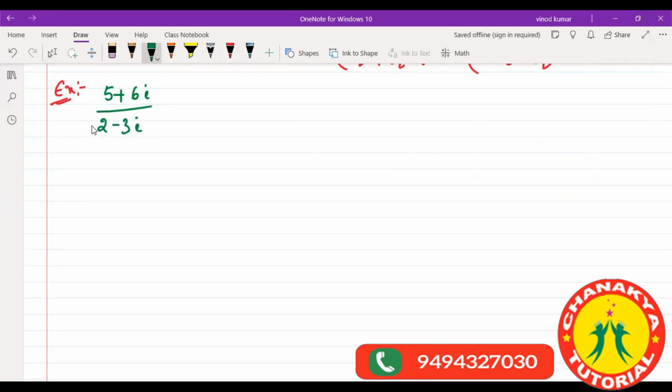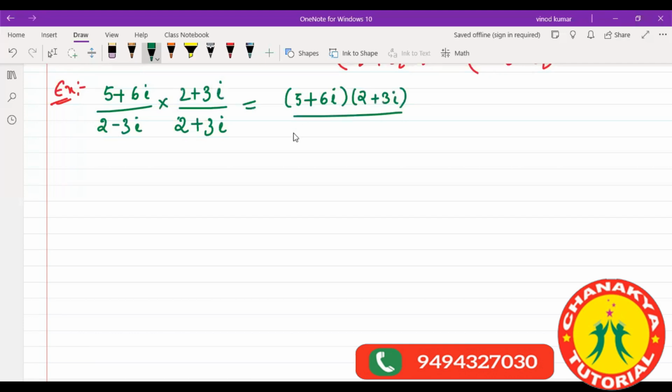How are we calculating this? The conjugate of the denominator 2 minus 3i is 2 plus 3i. Multiply and divide with 2 plus 3i. Then we get 5 plus 6i into 2 plus 3i, divided by 2 minus 3i into 2 plus 3i.